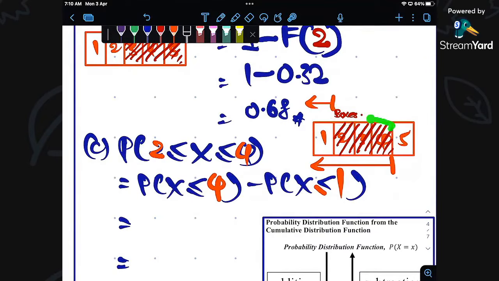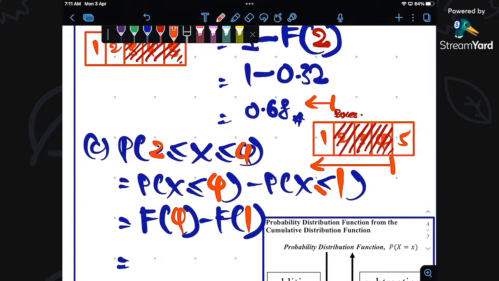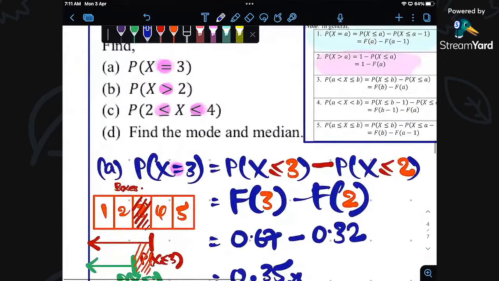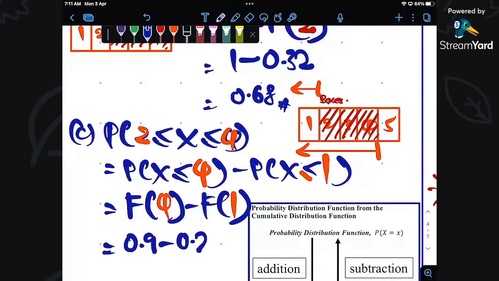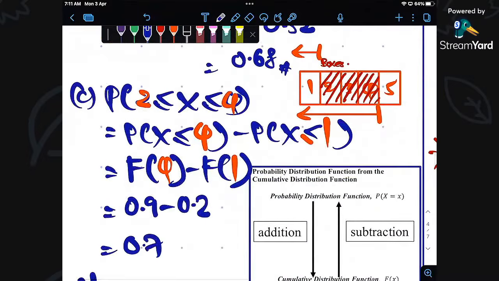And then you find out the region, and then you just minus everything to the left, which is start from the number 4, and then minus from the boxes number 1, which is P(X) less than or equal to 1, and then you write down in terms of F, which is F(4) minus F(1), which is going to give you, what is it, F(4), 0.9 minus 0.2, which is 0.7.